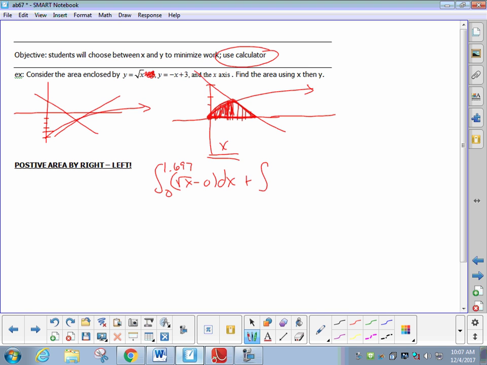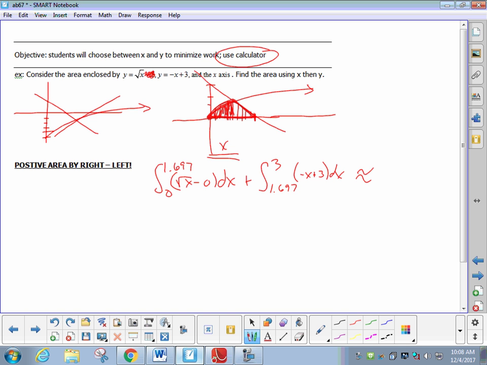The next integral is from 1.697 to where the line hits the axis, which would surely be 3. And what's the upper minus lower in that situation? Negative x plus 3. You may put that in your calculator if you like.